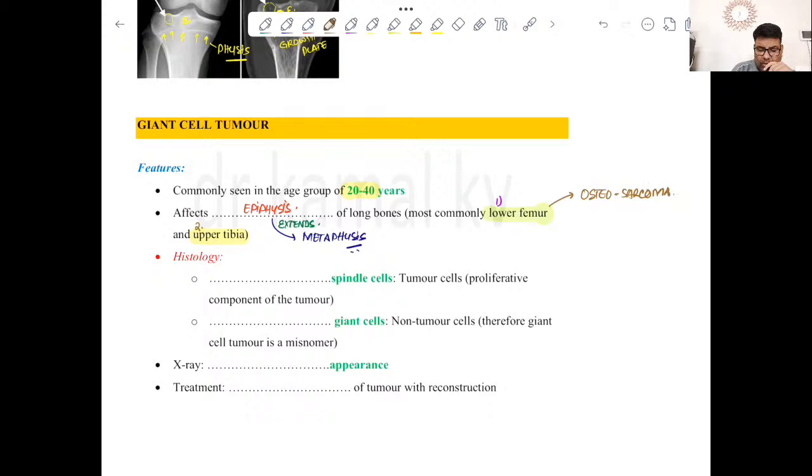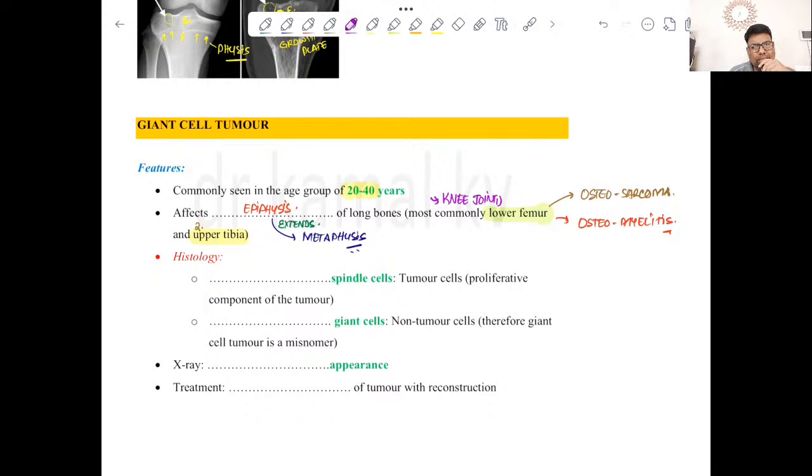Clear? Then you can say osteomyelitis. So what I mean to say is that if there is a question about the site of a tumor in the body, and you don't know the answer, you can think of the knee joint, right?